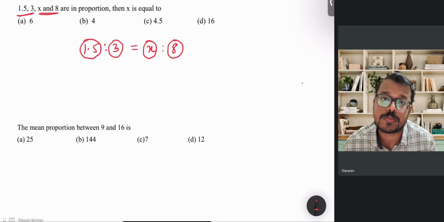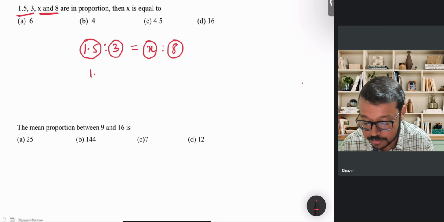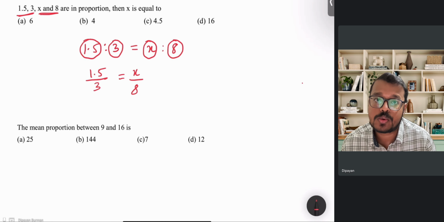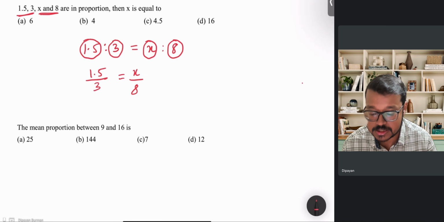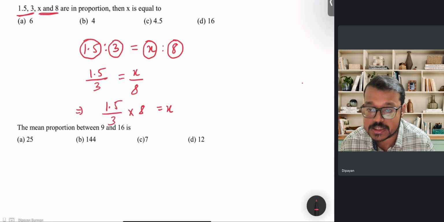So here the third proportional is not known. I can write the same thing in this format also: 1.5 by 3 equals x by 8. Then if I just move 8 to the other side, I will find what x is. So 1.5 by 3 into 8 will be the same as x.